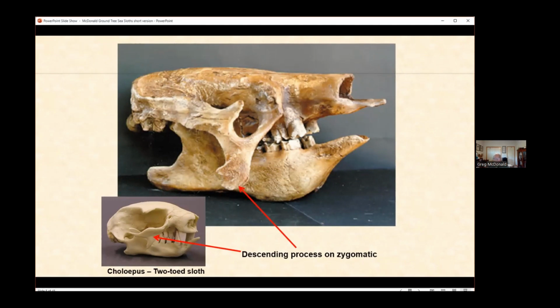When we do a session on glyptodonts, we'll be talking about that also, but the way it forms and the way the muscles attach in glyptodonts is quite different than what you see in sloths. So how this is designed to move the jaws for processing food is quite different in both of these groups.